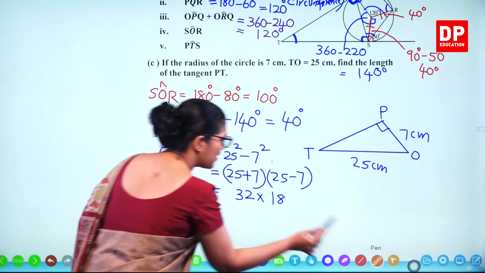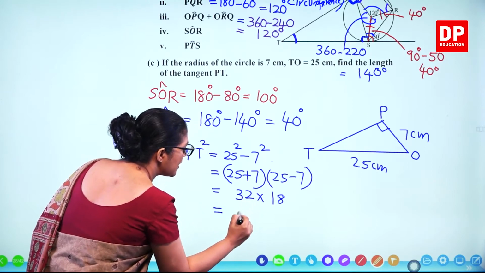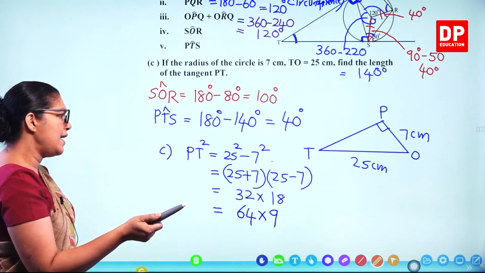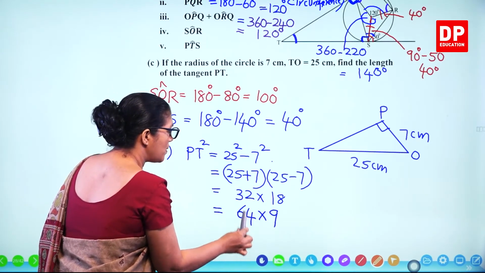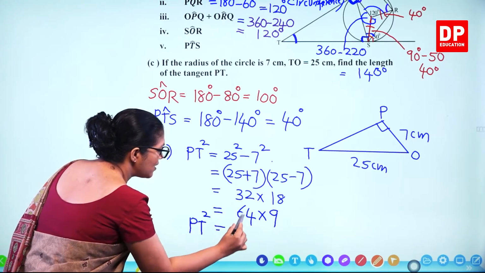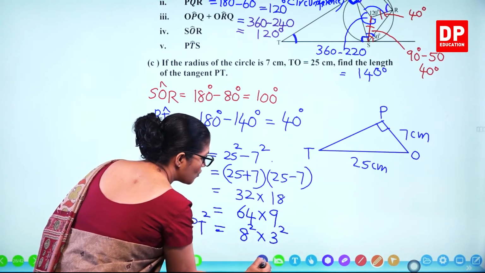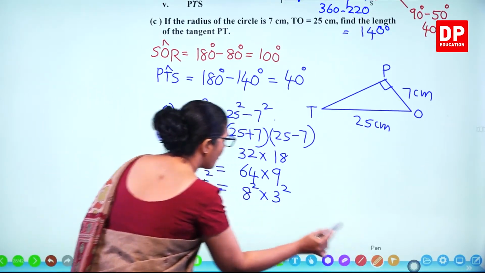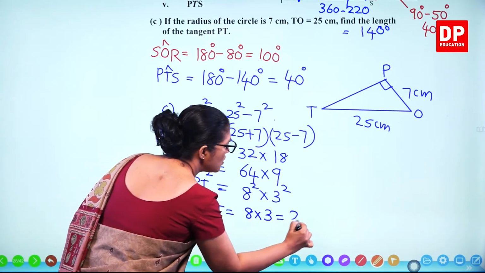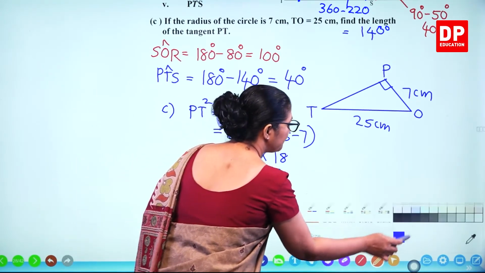I can rewrite here, it's easy. 9 times 2 for 18 and 2 times 32 becomes 64, because I want the square terms. 64 into 9. So when you take square root, it's easy. 8 squared is 64 and 3 squared is 9. So what's the square root value? Take all square root values. 8 and 3. That's 24 centimeters is the PT length.